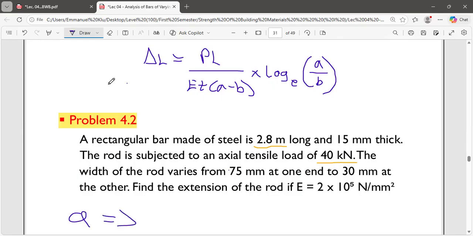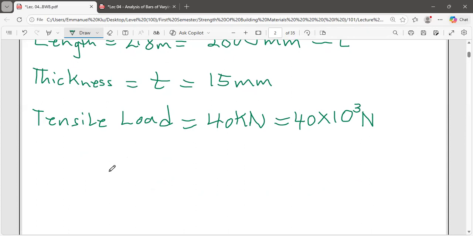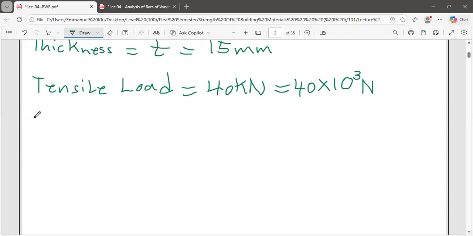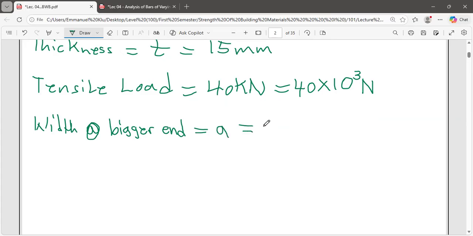So the width at bigger end, that is A, is equal to 75 millimeters.